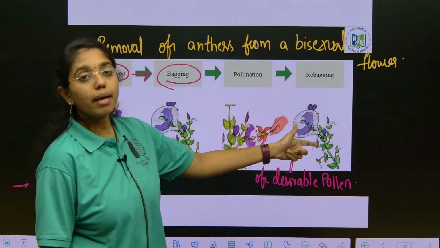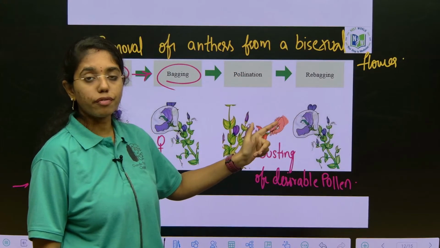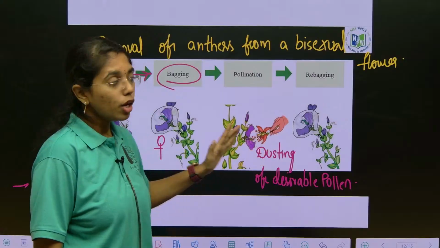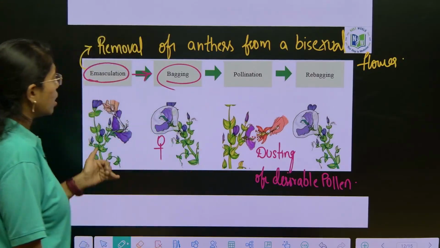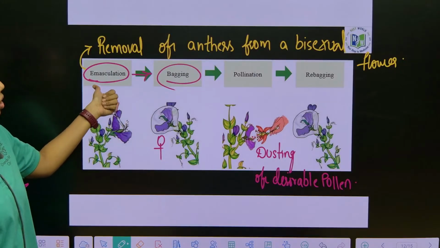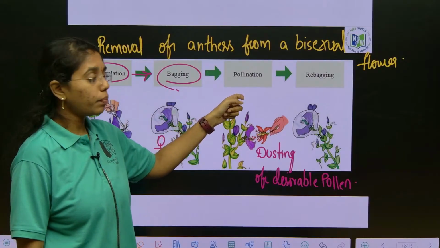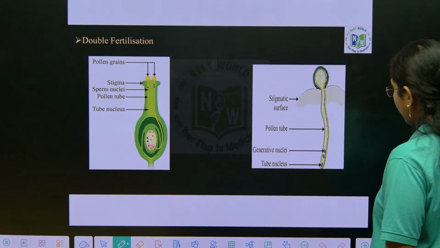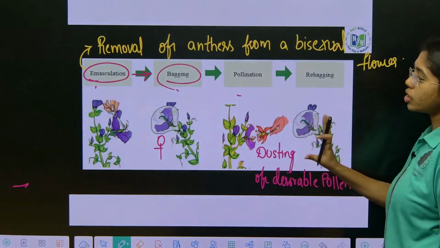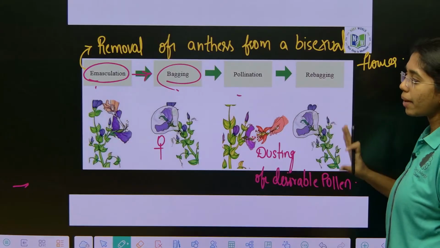After that, rebagging again to protect the plant from contamination by pollen from outside. So, this will be the sequence of artificial hybridization: emasculation, followed by bagging, followed by pollination with the desirable pollen, and then rebagging. Clear, right? So, this is the process of artificial hybridization.